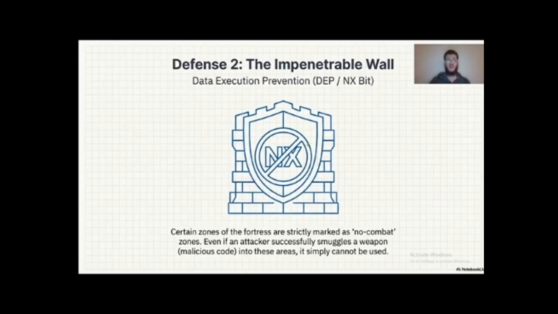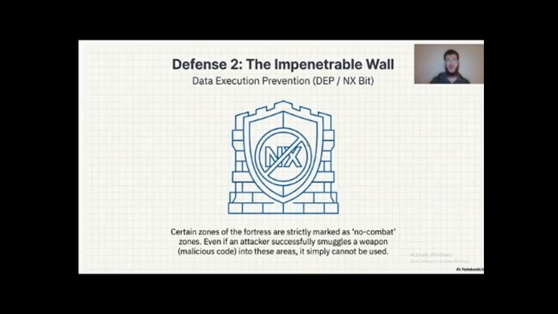Even if an attacker bypasses ASLR, there is a second line of defense: data execution prevention, or DEP, which relies on the NX bit, which means no-execute bit. Here is the analogy.